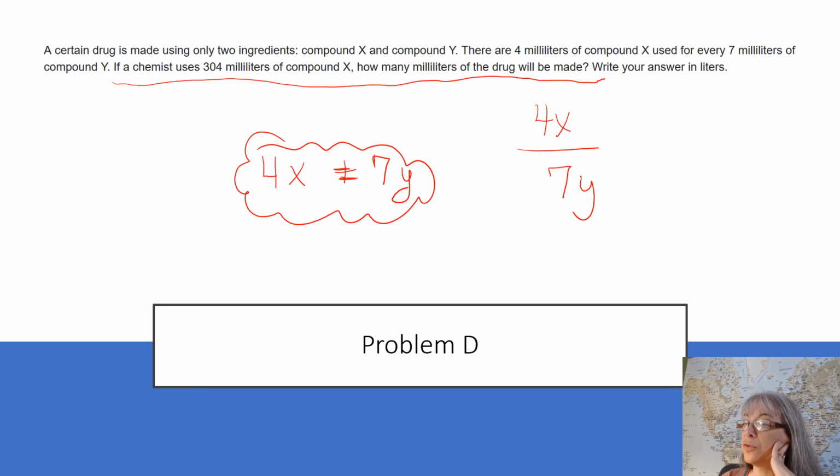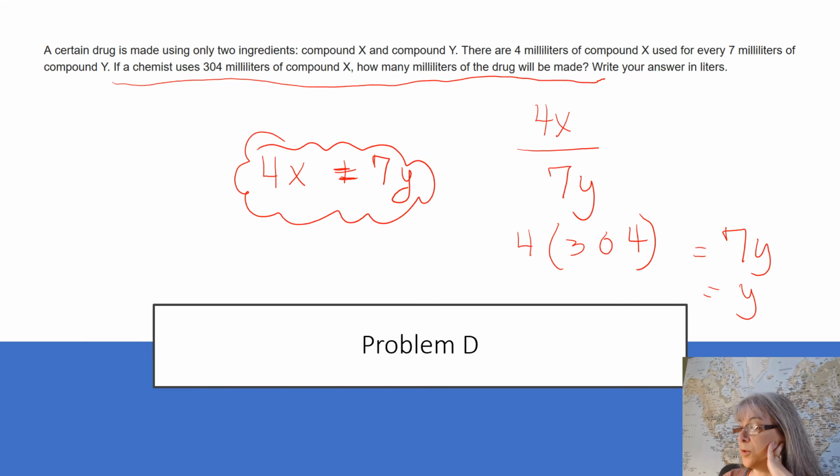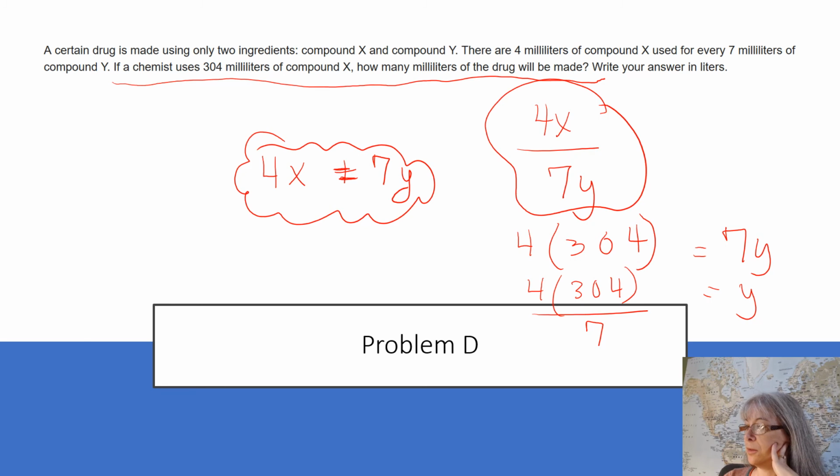I use 304 of my X compound, and I know that that's equal to my Y. So my Y is going to be my 4 times my 304 divided by my 7. So I have that ratio, okay? So this is the relationship, right, for every X and every Y.